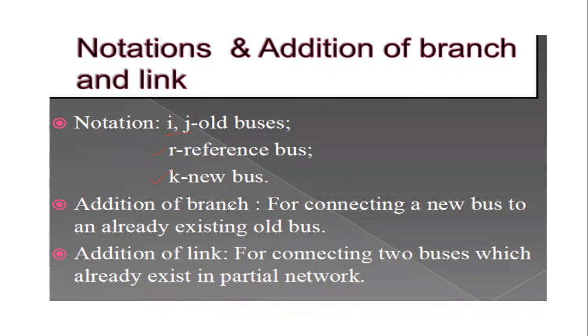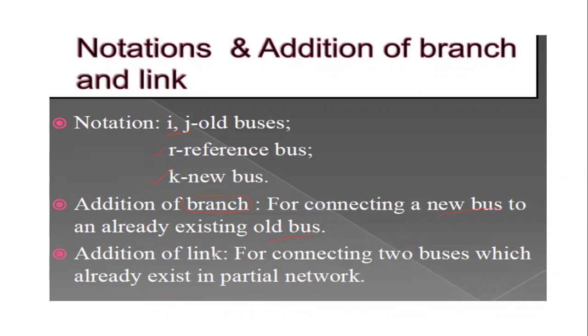The addition of a branch means connecting a new bus to an already existing old bus. What is a branch? When we connect an element between a new bus and an old bus, it is called a branch.